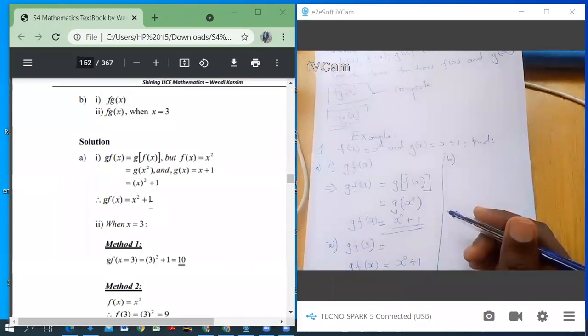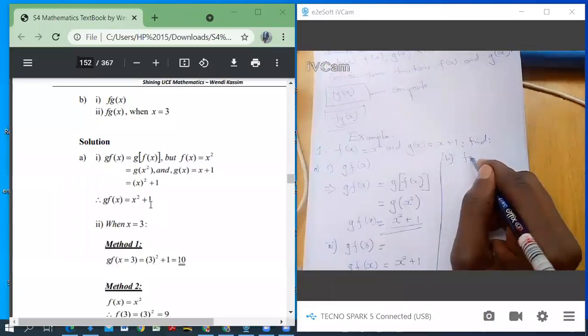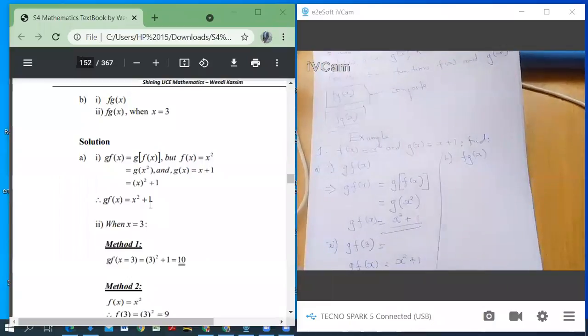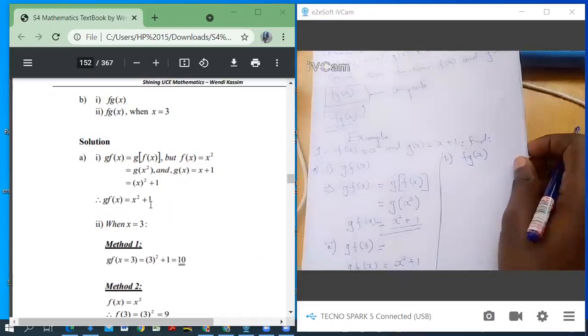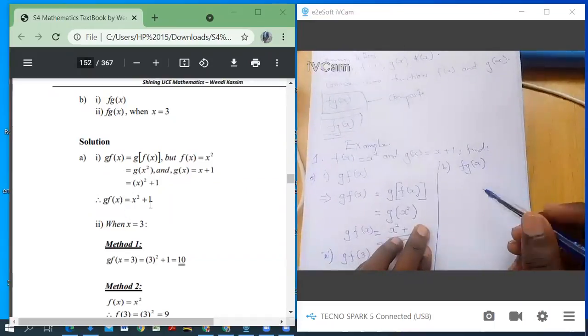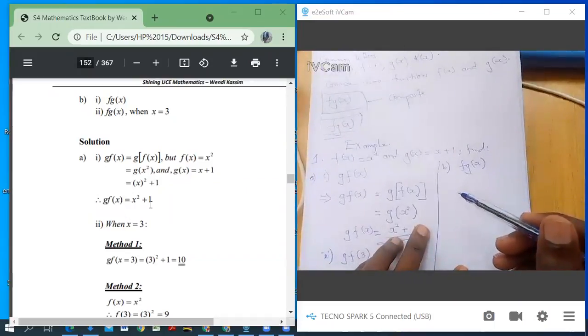In B, what do they want us to find? They want us to find f g of x. They are not the same. The other one was g f, now this one is f g. Now, which function is close to x? Is it f or g? It is g.